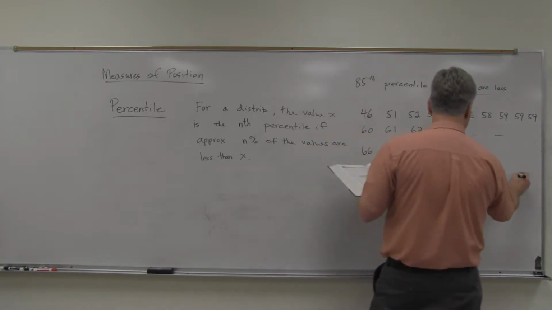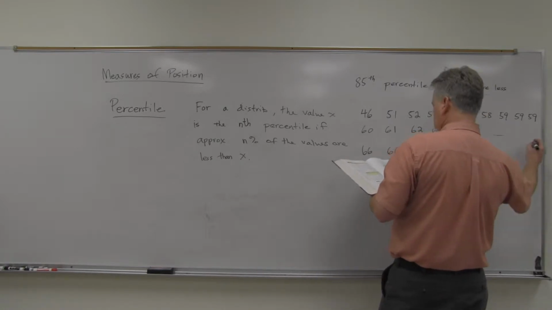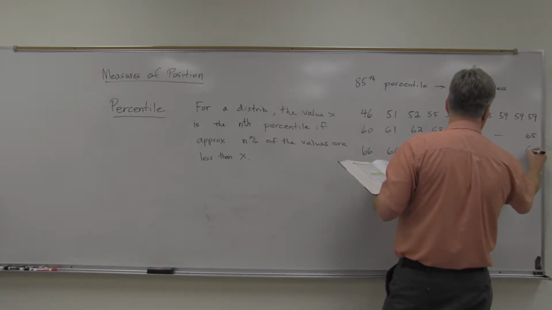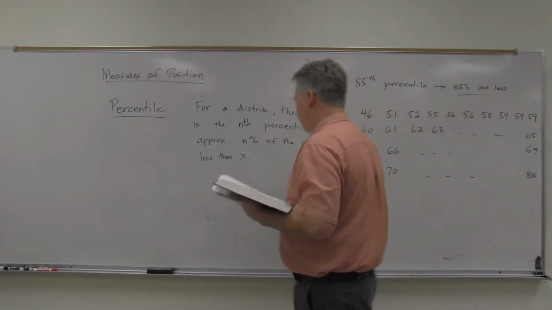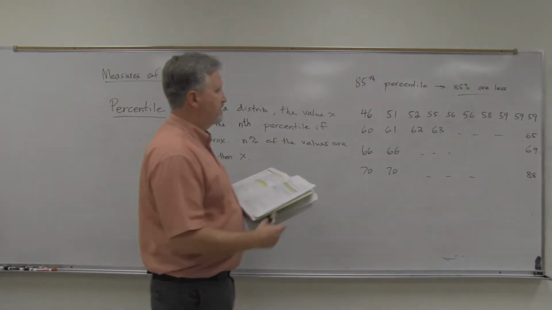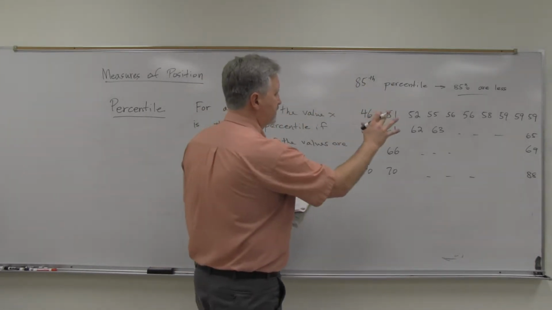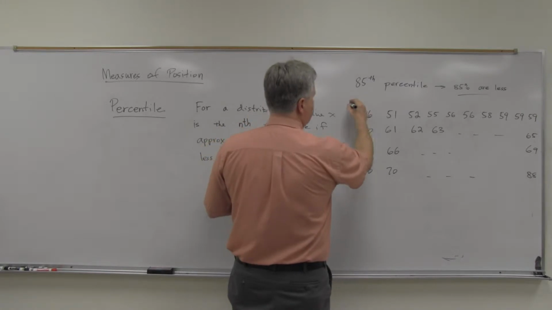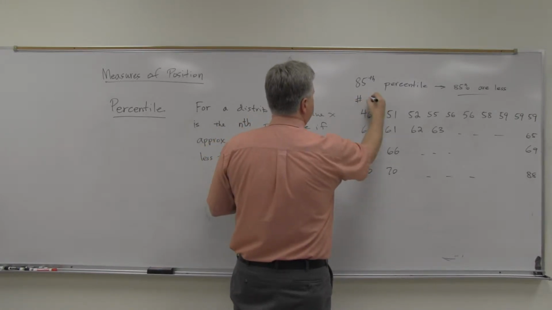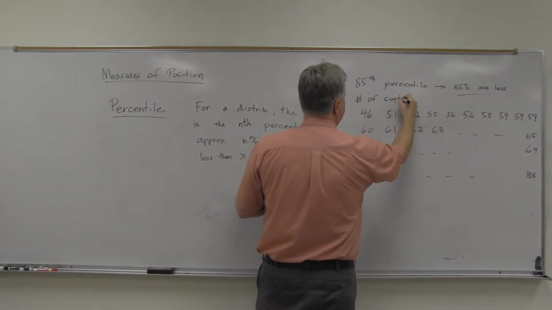The biggest one is 88. It's out of the book, page 681 in this particular book. So this is the number of customers at a restaurant on 40 different days, ranked in order.